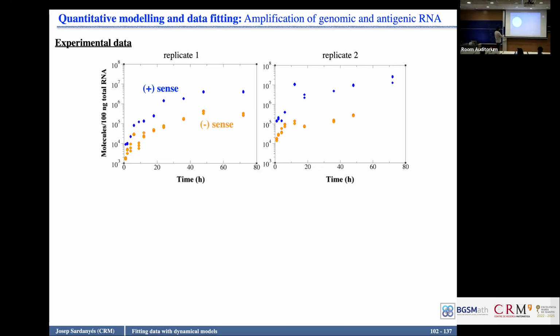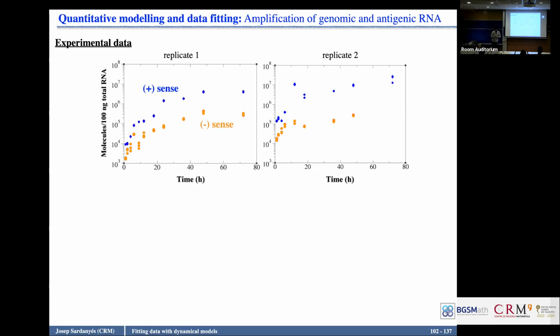And we have a time course, a system of protoplasts, identification in time, the positive sense in blue and negative sense in orange. And for each time point, we have 3 measures. In some places, we have only 2 or only 1 because, when we are doing experiments, there are a lot of issues.